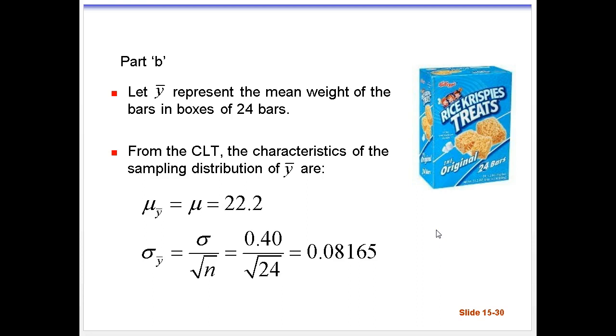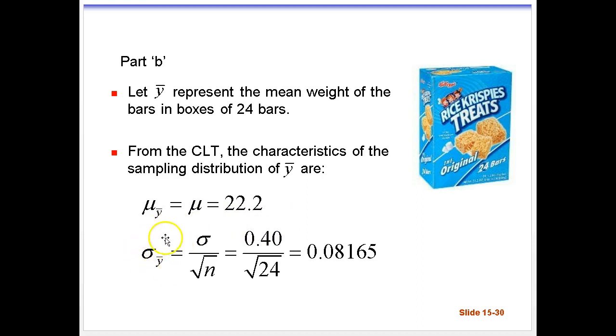Well, the central limit theorem says that instead of having to do all that craziness, we could just look at the properties of the central limit theorem. The central limit theorem says the mean of all those averages, the mean of the means, the mean of my y bars, is equal to the mean of the population of individual bars, in this case 22.2.